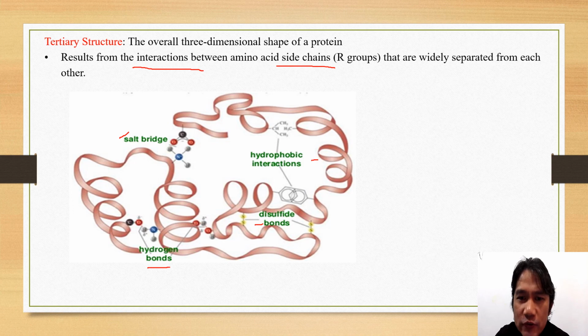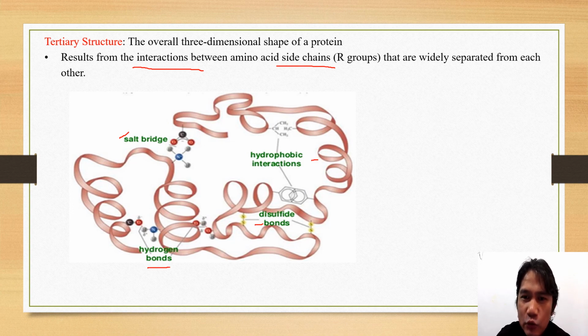How do these attractive forces happen? That happens when amino acids are attracted to one another depending on their R group.